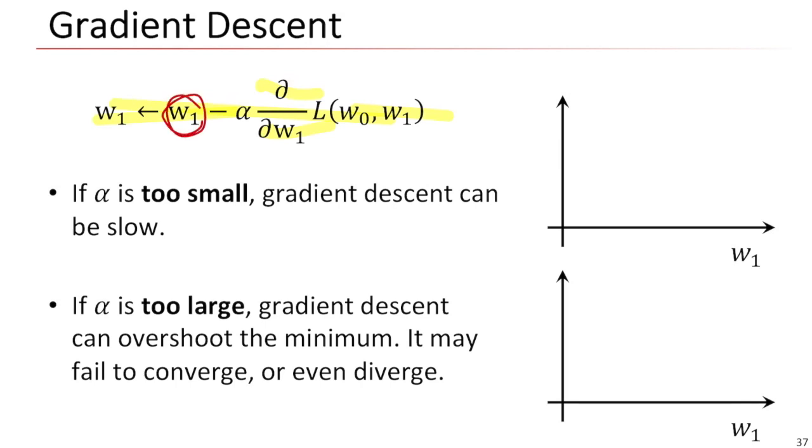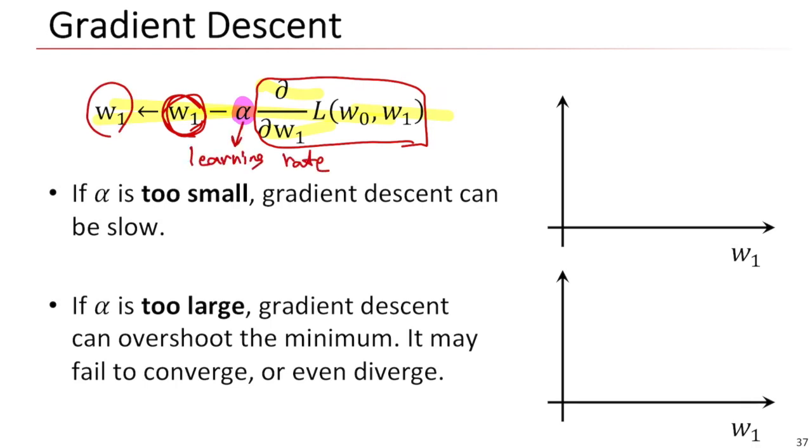We start from some variable w1, and we update this w1 with the gradient and the learning rate, right? So we call this the learning rate, right?